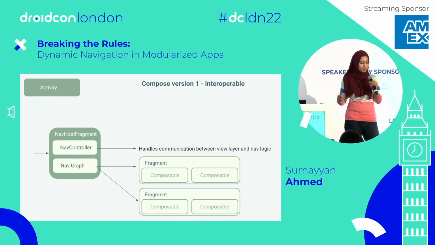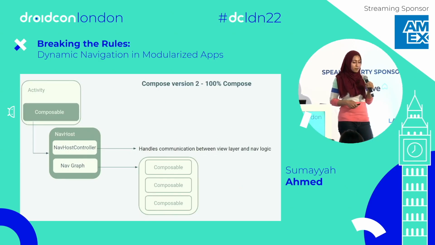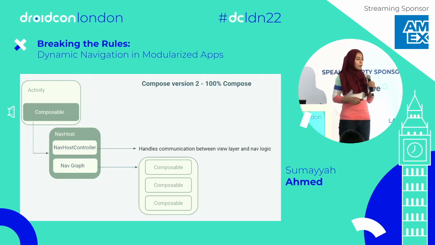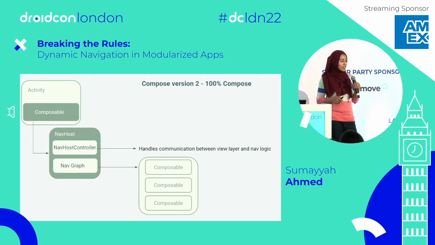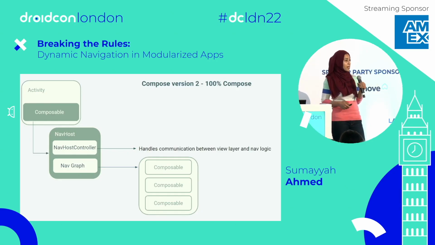It doesn't care. The second case can make things a little tricky. Now, let's say we get rid of fragments altogether, we get rid of XML altogether, we're in a 100% Compose world. As you can see, it doesn't change a lot. So your navigation host is still there, except instead of being inflated by your XML, it's probably going to be owned by a top-level composable in your activity.